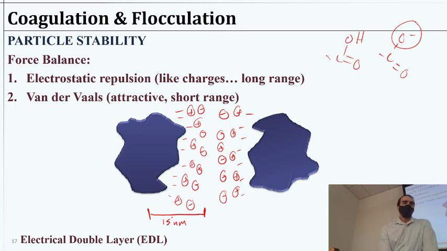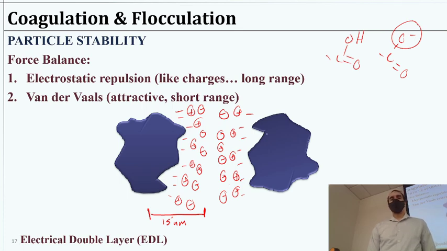And really, it's a force balance here between this electrostatic repulsion and forces that we call van der Waals, which are sticky, attractive forces. It's the type of forces that allow a gecko to climb on a perfectly flat surface. These van der Waals forces, there's a variety of them, but they're generally attractive, but short range.